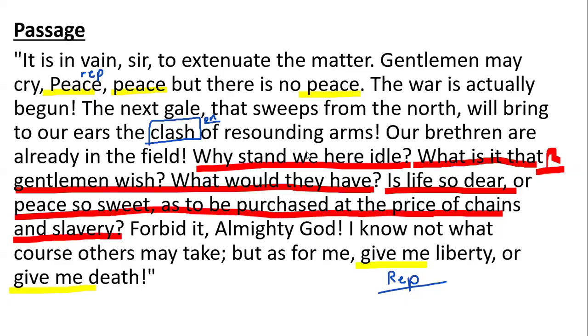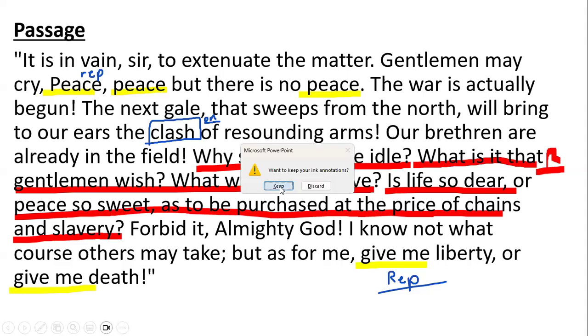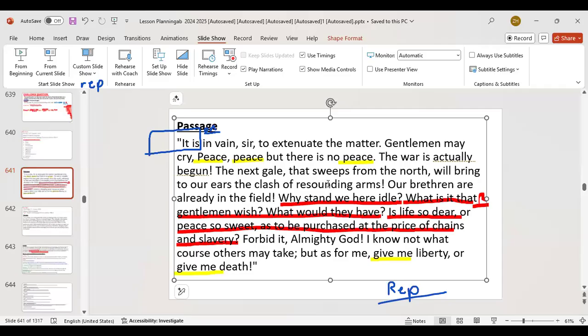Alliteration. Very good. Clash, you said "clash of resounding arms." Alliteration is "resounding arms," the double R. But clash is onomatopoeia.